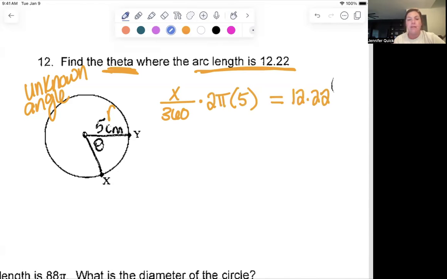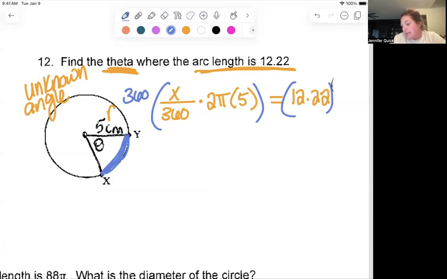What portion of the angle, because the angle is unknown, over 360 times 2 pi r equals the 12.22. That's the measure of the length. That's this portion right here if I were to walk from X to Y. The crust. How much crust are you eating? My children eat 0. So there you go.